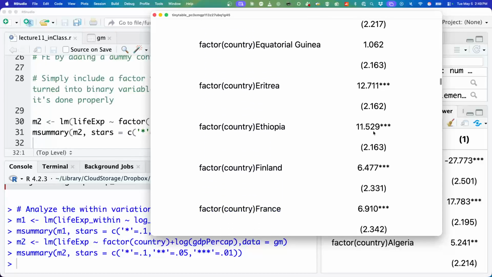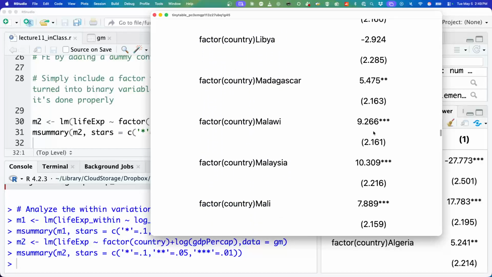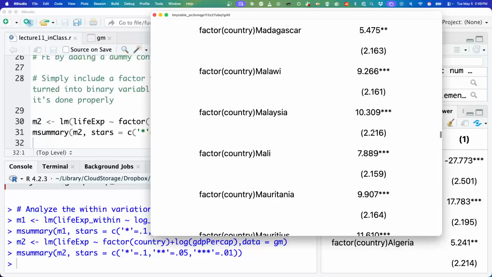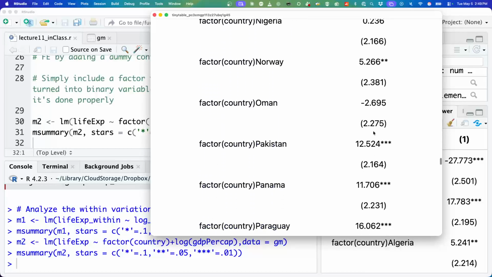Every country is going to have this, and this information can be useful. If you're interested in understanding the average effect of a country on someone's lifespan, this is essentially what these results are telling you.